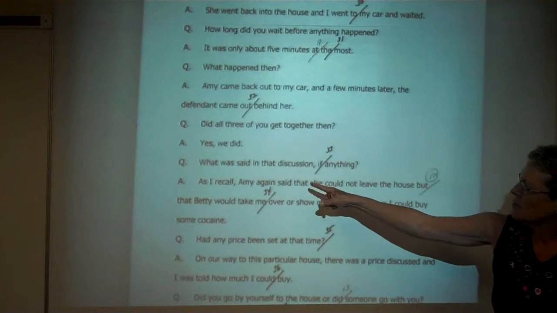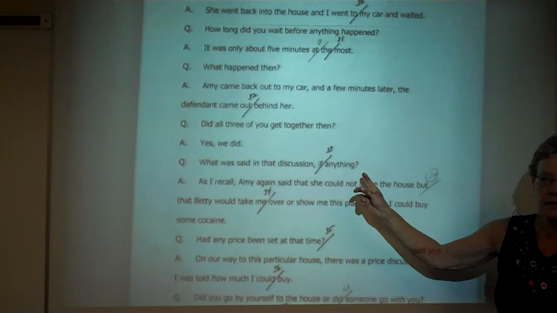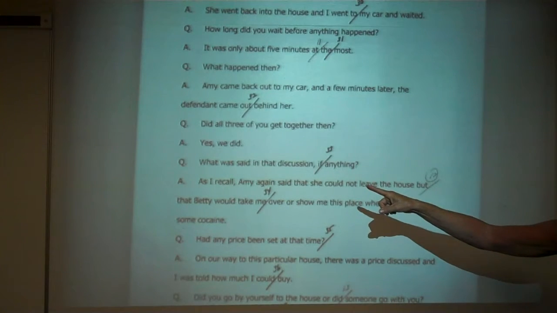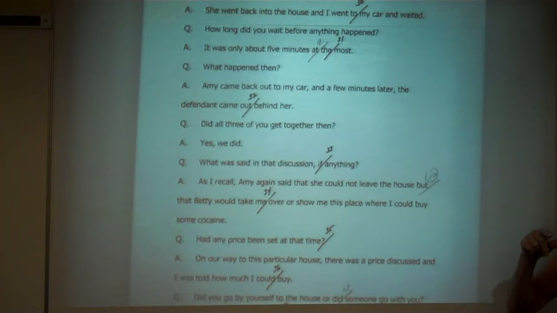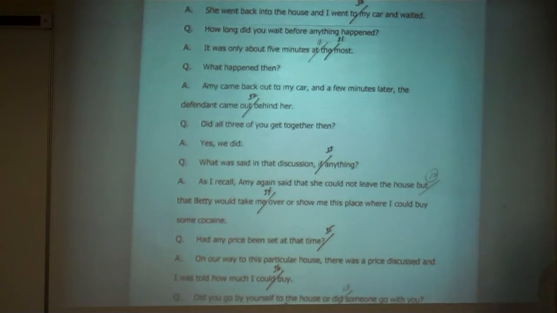Here's another one. What was said in that discussion, comma, if anything? Okay, because that's just kind of extraneous there. You could have the sentence, what was said in that discussion, question mark. So this is just kind of a hanger-on, so you would separate that with a comma.